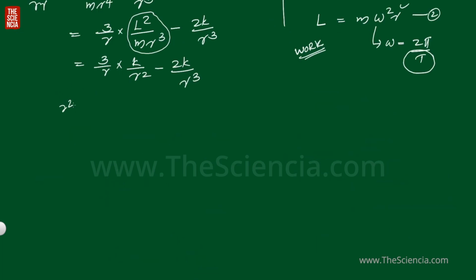That is, we get dou square V effective by dou r square is equal to k by r cube.